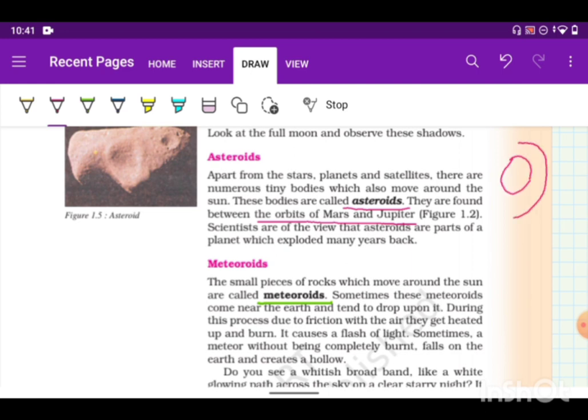Around its orbit, you can see a lot of rocky objects. They are found between the orbits of Mars and Jupiter. These are like remnants of other planets when they blasted.